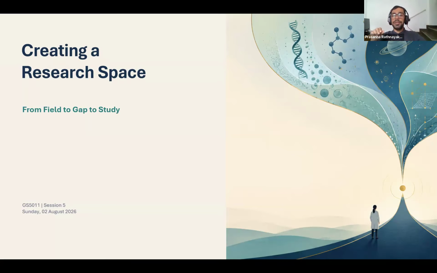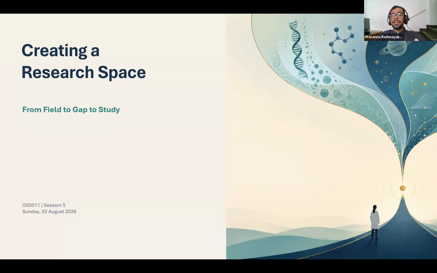By the end, each of you should have a short research space sequence. Think of it as a sort of a path. First, you let the reader see the field. Then the reader sees an unresolved need. Then the reader sees why your study belongs there. You see?